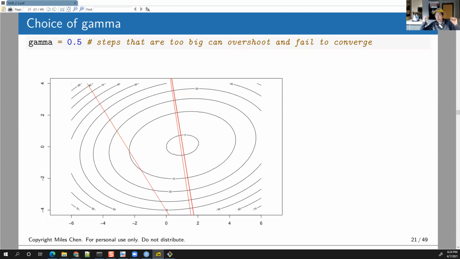You start at 50, go in the other direction, end up higher at 70, then go in the other direction again, and end up even higher, at like 95. You just keep getting higher and higher, so you overshoot and don't converge. And that can happen just based on your choice of gamma.